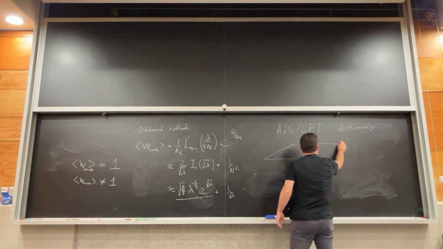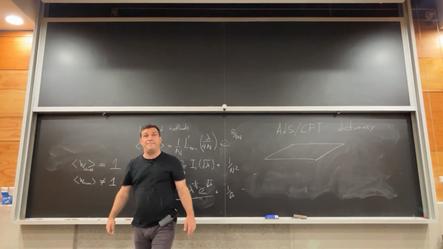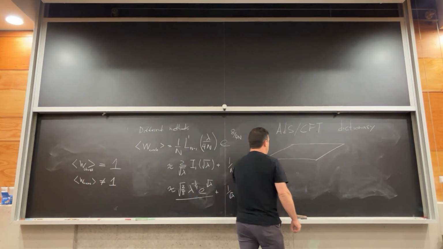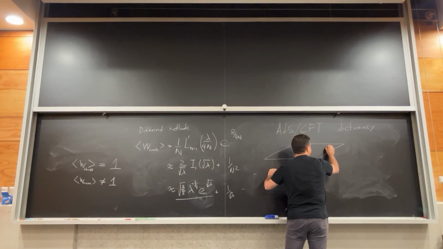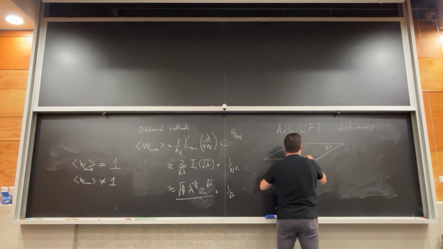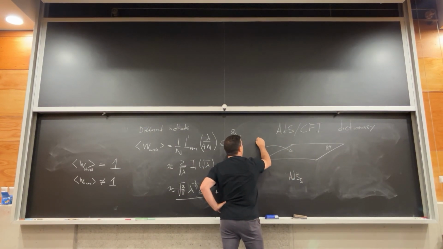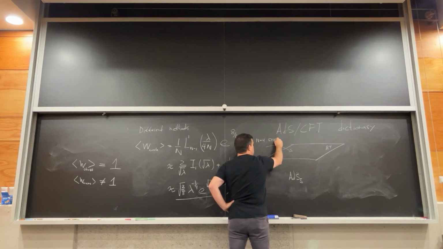So remember that my gauge theory lives in R4, but I will think of R4 as the boundary of AdS5. And here live the fields of N=4 super Yang-Mills.